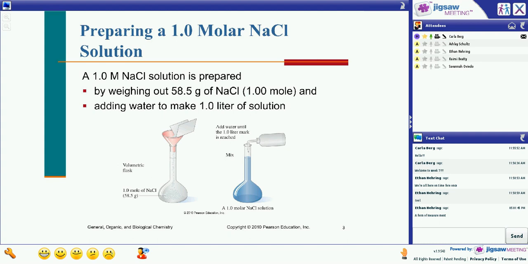So the two steps are right here for you. You would take a flask and you would weigh out 58.5 grams of sodium chloride. Then you would add enough water to that solution to make 1 liter. So you're not going to add 1 liter of water, because you need it to add up together to equal 1 liter.